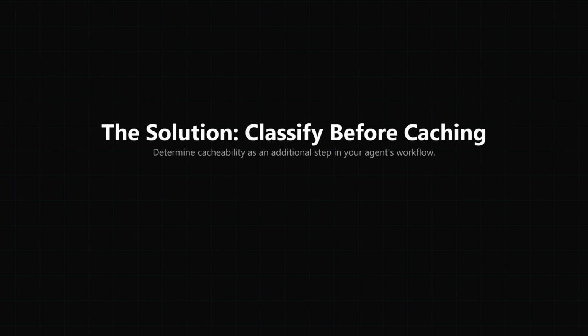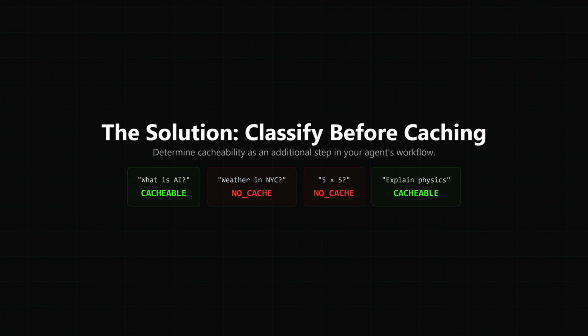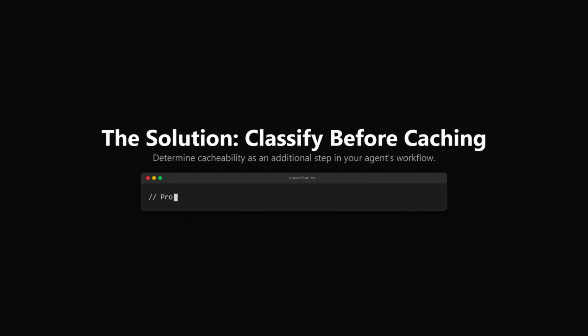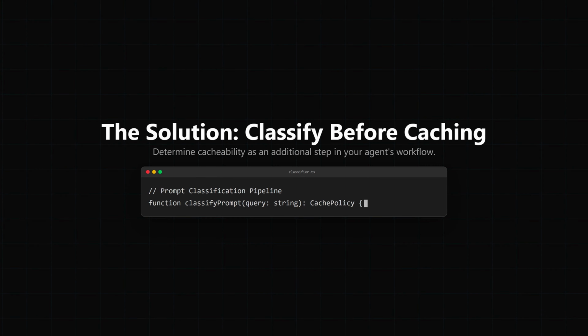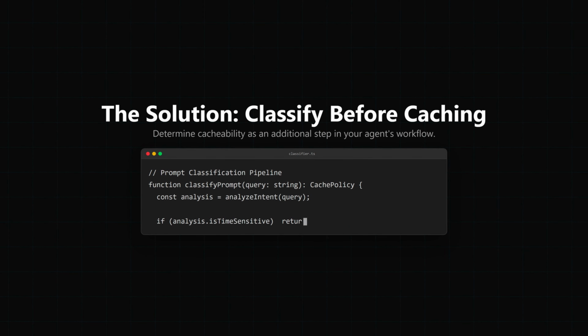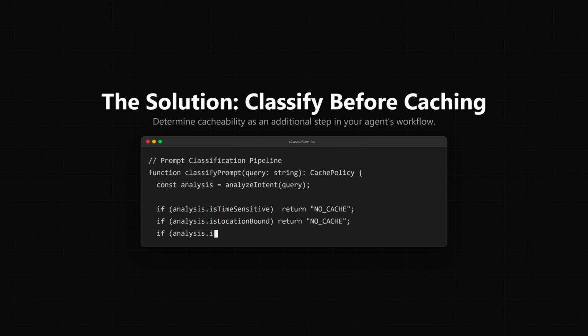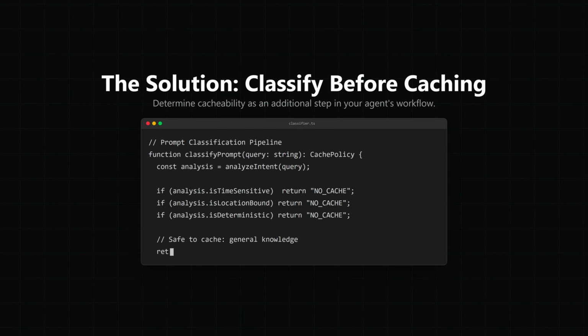One of the most practical and fairly easy approaches to avoid this issue is classifying the prompt into cacheable or non-cacheable categories. A prompt is cacheable if it's deterministic and can be answered by an LLM the same way every time. And respectively, a prompt is non-cacheable if it's non-deterministic or requires real-time information.